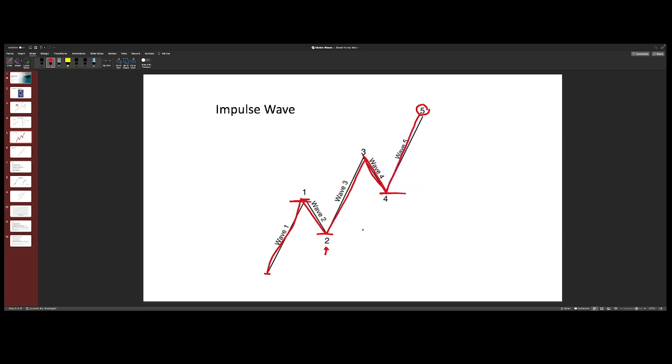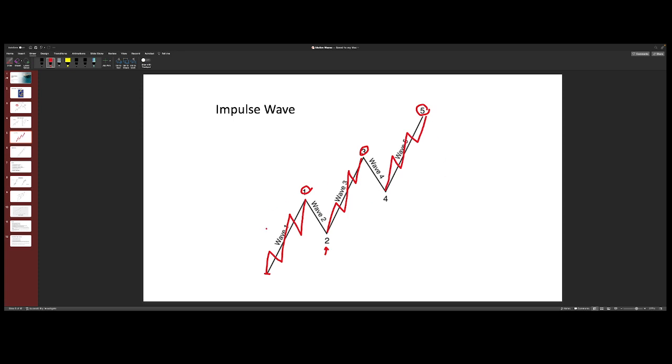The third simple and basic rule is that wave 3, this wave right here, is never the shortest when compared to waves 1 and 5. These are within themselves impulsive. They're also made up of 5-wave structures. Waves 1, 3, and 5 are made up of impulsive 5-wave patterns.